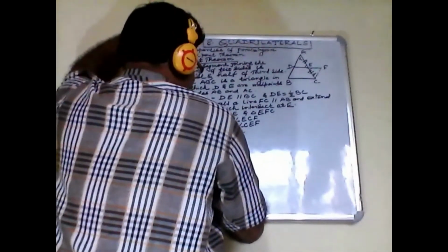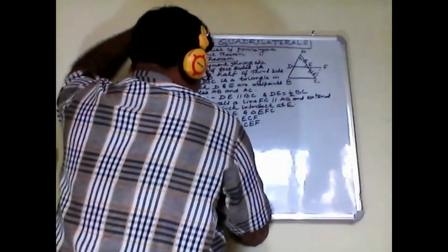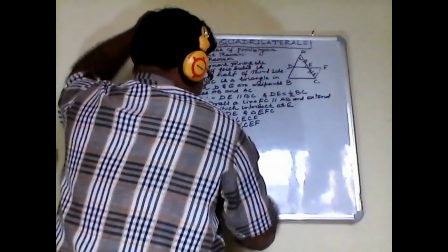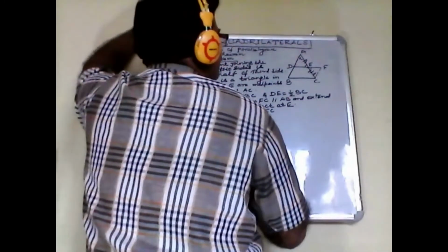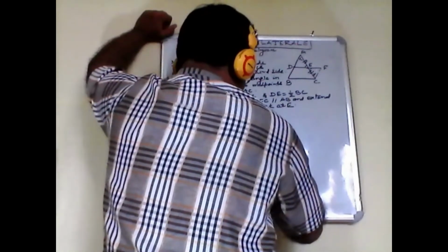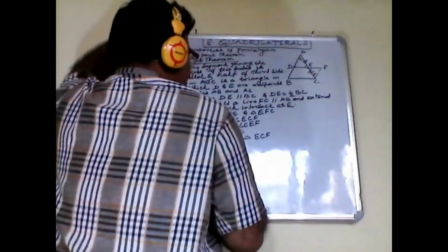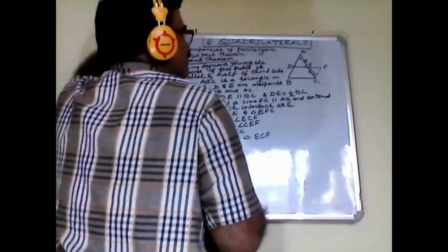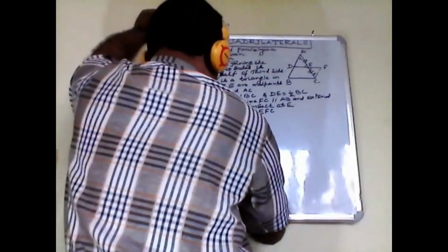So triangle AED is congruent to triangle ECF, and by CPCT we can prove that DE is equal to EF.